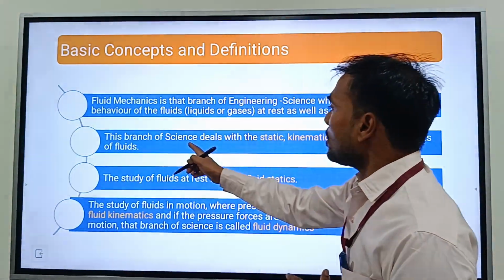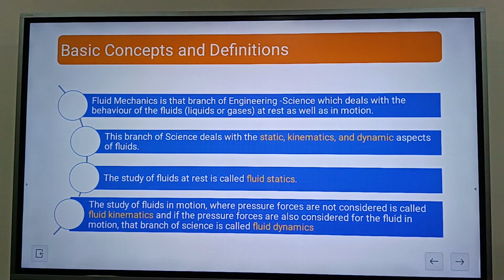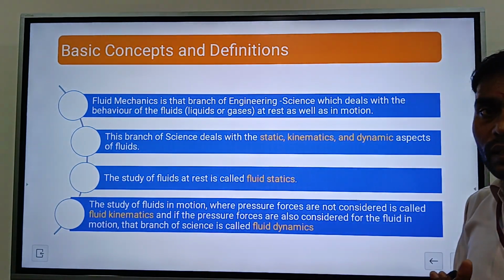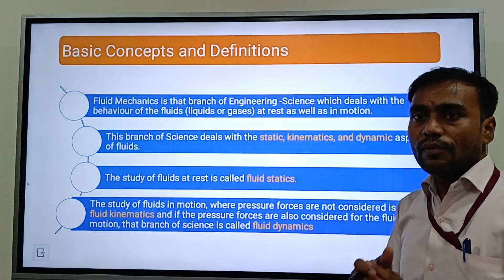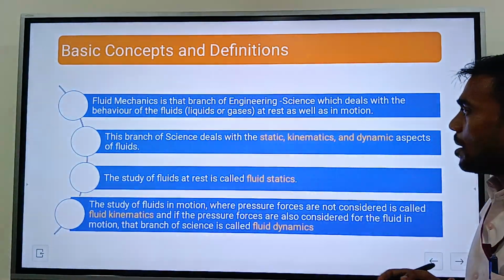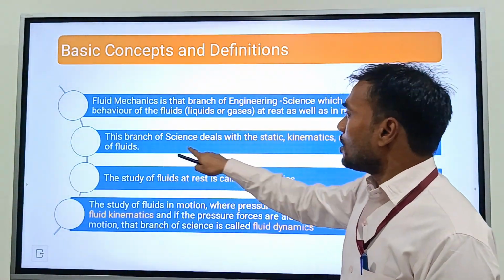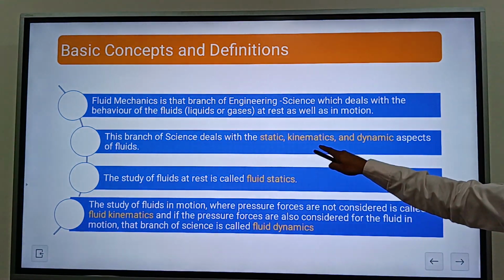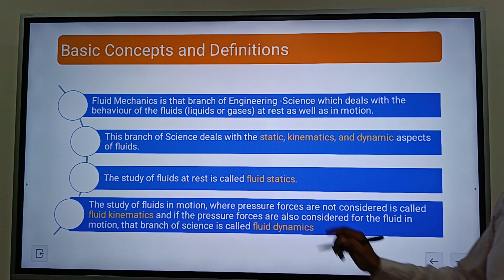So if a branch of science deals with different types of motion, then its classification will be in the same way. For example, the branch of science deals with the static, kinematic and dynamic aspects of fluids.